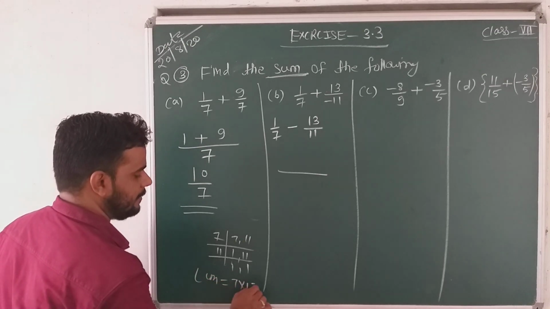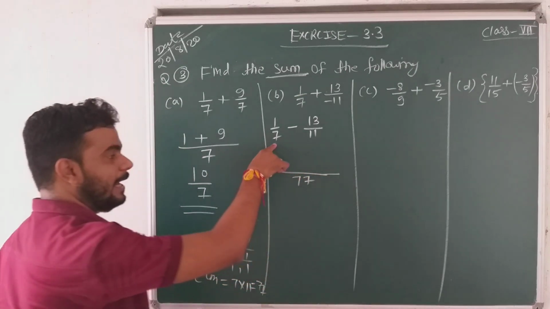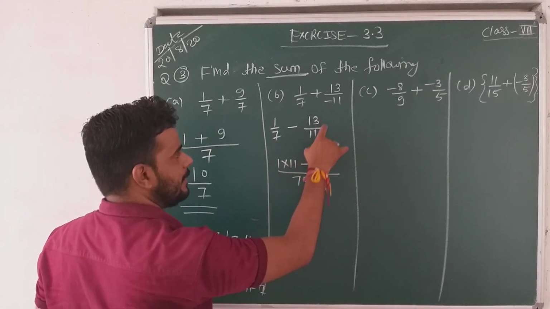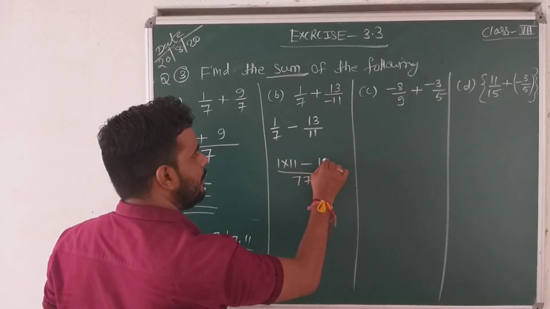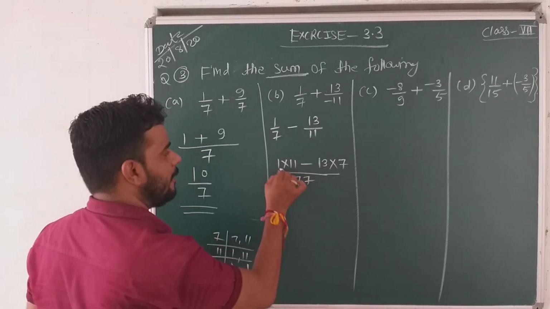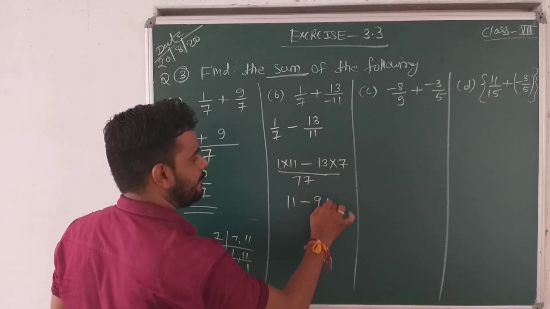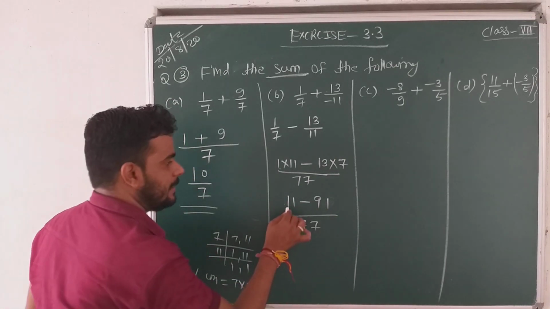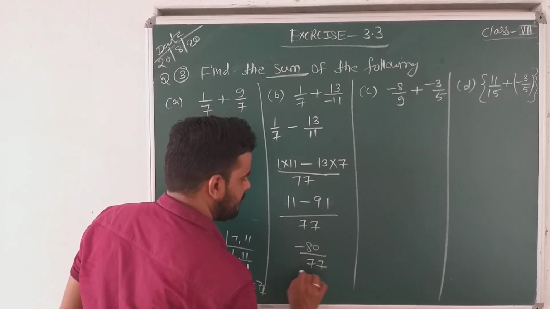Here we have to make 77, so multiply by 11, so 1 multiply 11. And here we have to make 77, so multiply by 7, 13 multiply 7, 91 upon 77. So 11 minus 91, the negative is bigger, so negative 80 by 77.